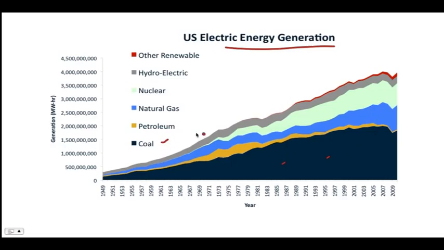Coal is the black, petroleum is the red, natural gas blue, the light green is nuclear, hydroelectric is a renewable, that's dams, and then we have other renewable other than hydroelectric. The other renewable is mainly wind and solar, and it's a very small sliver. But you can see the trends.